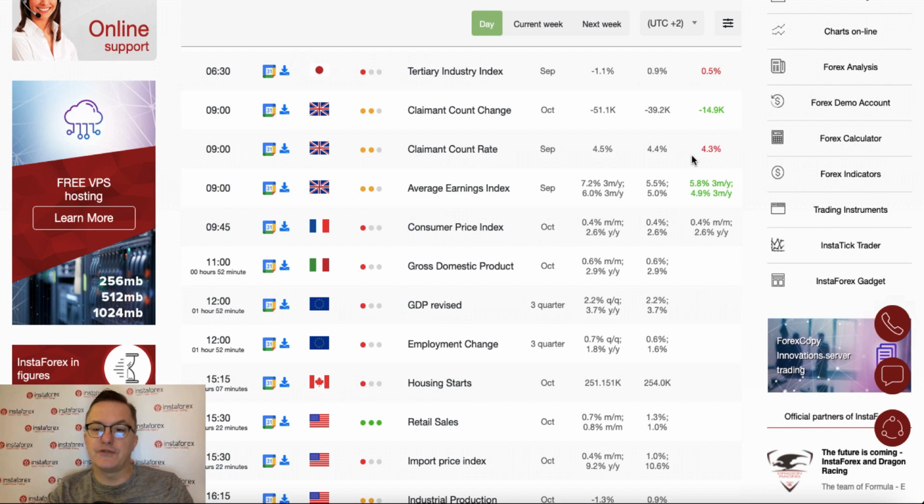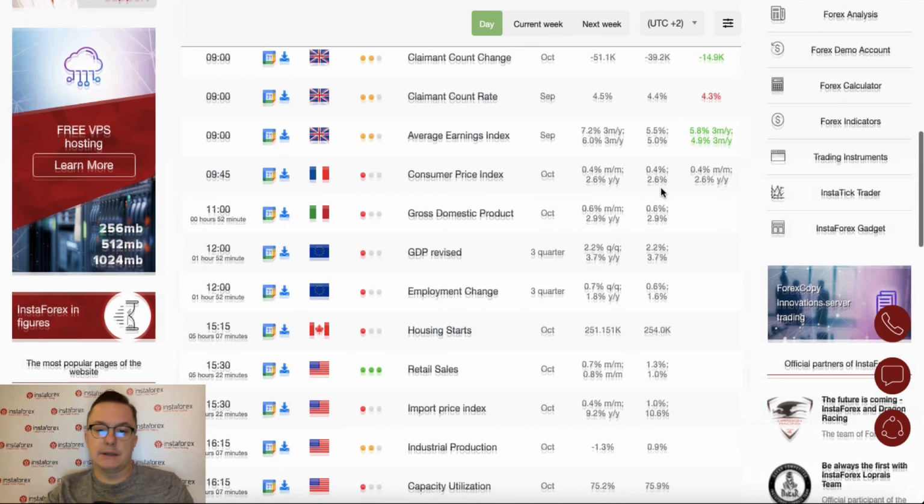Claimant count rate is falling towards 4.3%, better than expected 4.4%, and better than last time 4.5%. Average earnings index 5.8% versus 7.2 last month, which is a little bit worse than expected, but it beats the expectations of 5.5%. So data from the UK are quite interesting.